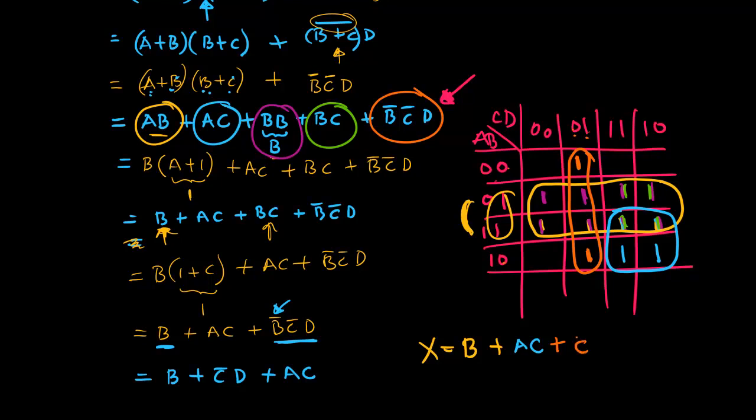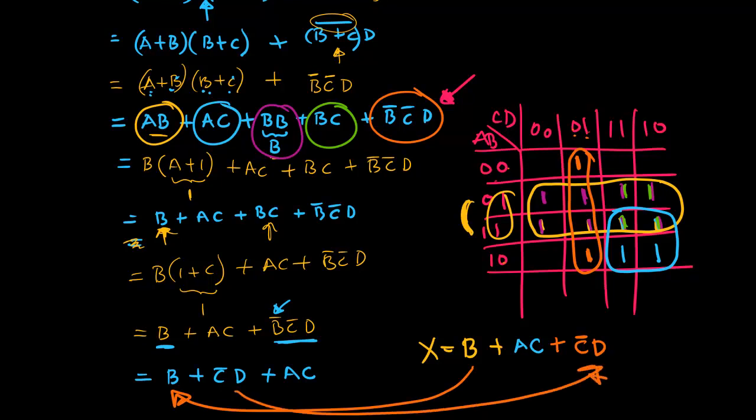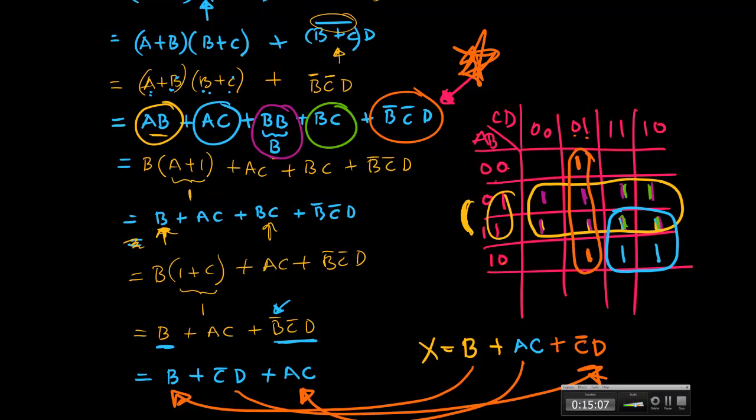So that works out to C bar D. Okay, and as you can see, if I compare terms, that's the same, this is the same, and that's the same. So my Boolean algebra and my Karnaugh map work out the same, provided I got to this point here without making any mistakes. Okay, hopefully that helps.